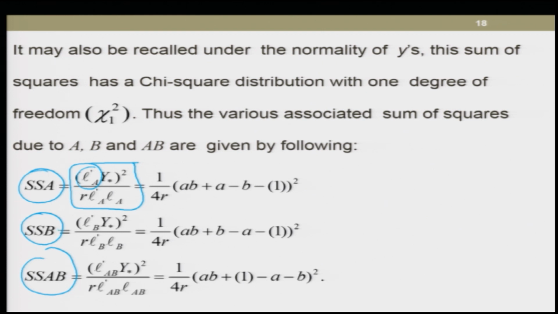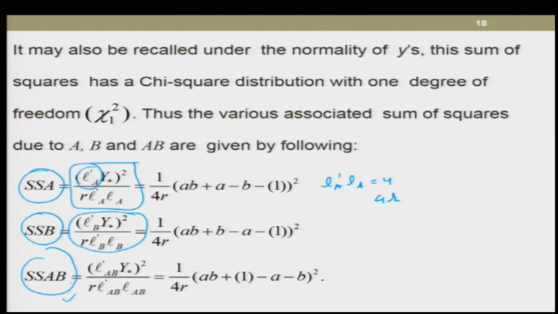And similarly for the sum of squares due to B, I write the similar thing, (L_B transpose y star) whole square divided by r into L_B transpose L_B. If you look at both these cases, L_A prime L_A will come out to be 4 if there is one observation for each treatment combination, and if that is repeated, say r times, I will add 1 upon 4r, which is being done here. And the same thing will happen in case of SSB and SSAB.